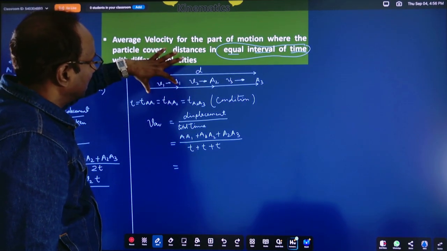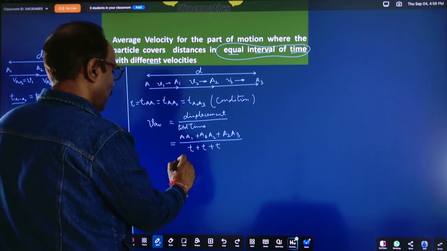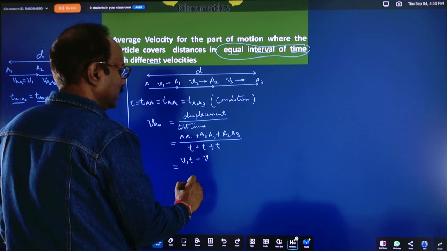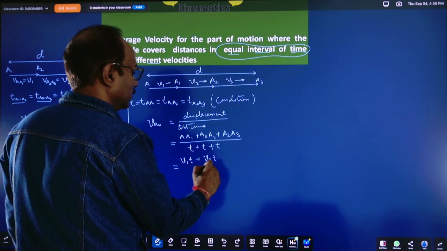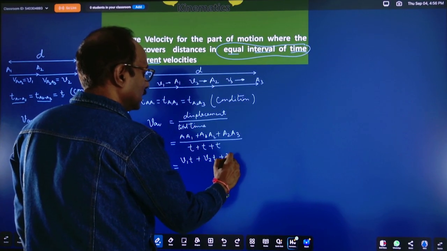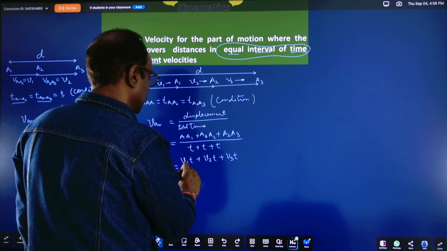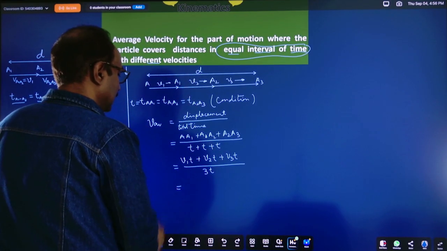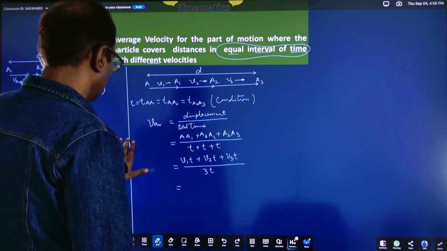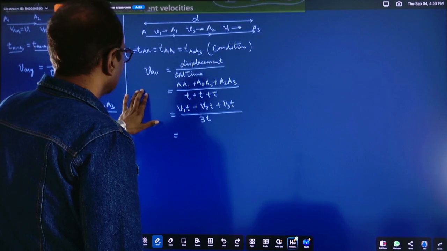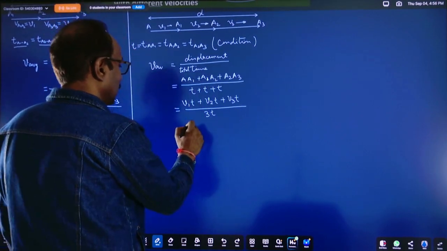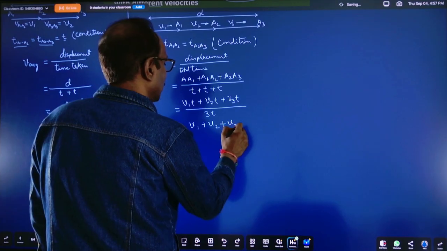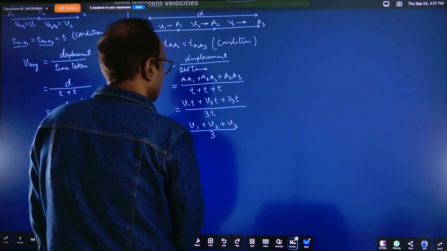V1 into T. Similarly, A1 A2, V2 into T, A2 A3, V3 into T. T will cancel out. And your average velocity will become V1 plus V2 plus V3 divided by 3.